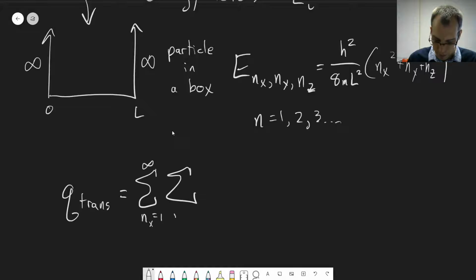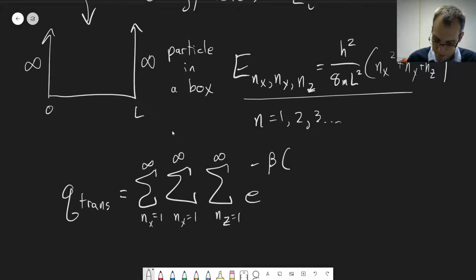We need to add up from ny equals 1 to infinity, add up from nz equals 1 up to infinity, e to the minus beta times this energy expression up here, h squared over 8ml squared times nx squared plus ny squared plus nz squared.